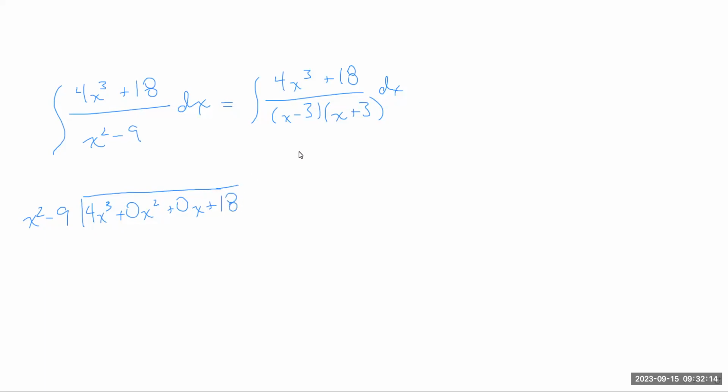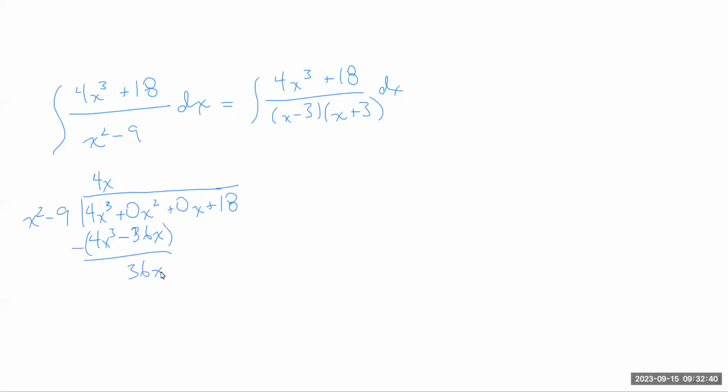All right, how does this division work? What's the first term in my quotient going to be? 4x. Now what? 4x plus 36. Okay, so it sounds like you do the subtraction all at once.